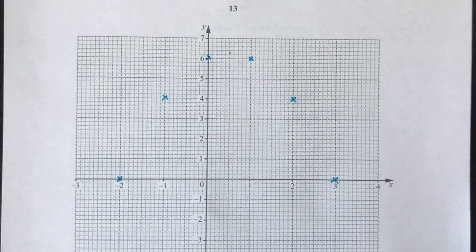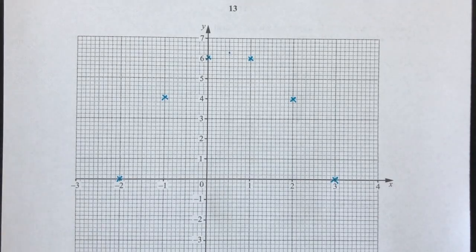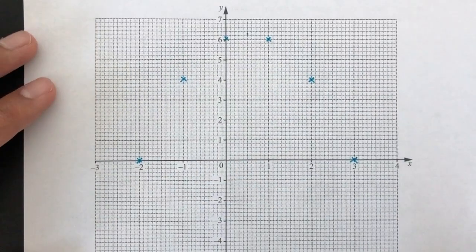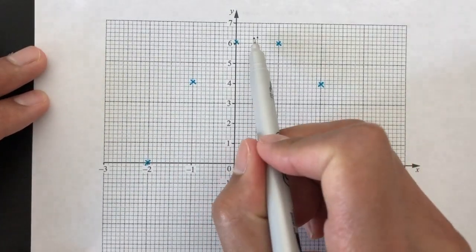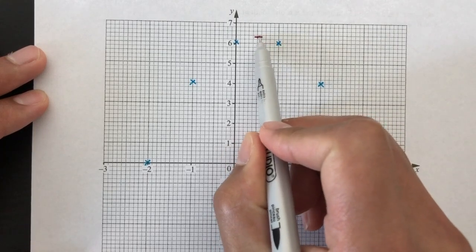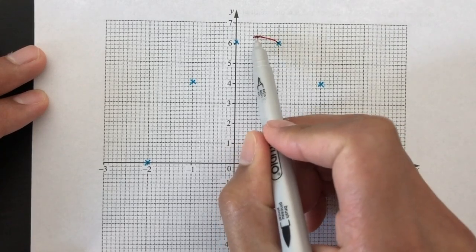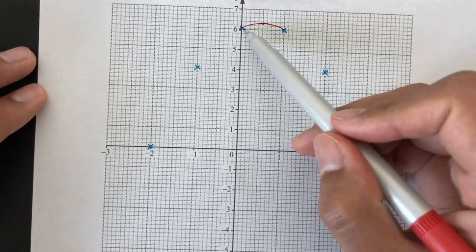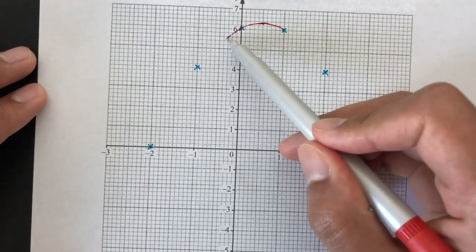Okay, so now let's join all the points to form the curve. Okay, so we can begin here actually. Try your best to make this curve as smooth as possible.